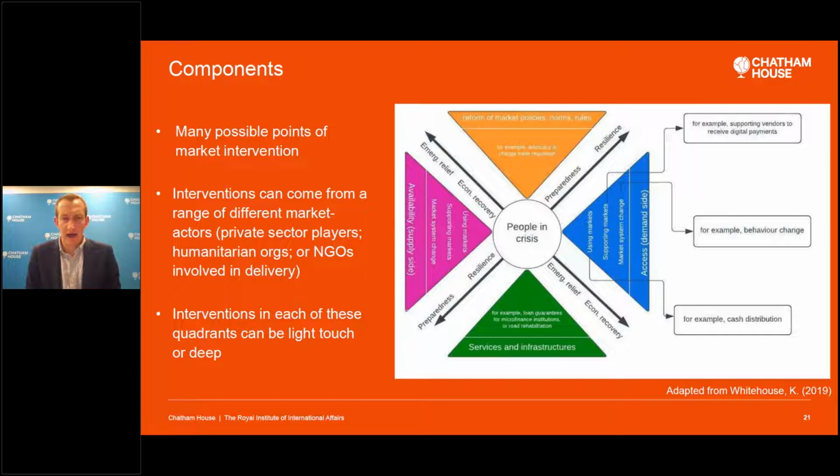So in the examples I've pulled out there, cash distribution would be an example of using markets that already exist, and that's generally performed by another player in the humanitarian system. That's generally WFP or UNHCR, I guess, and it's not normally the lead NGO who would do that.